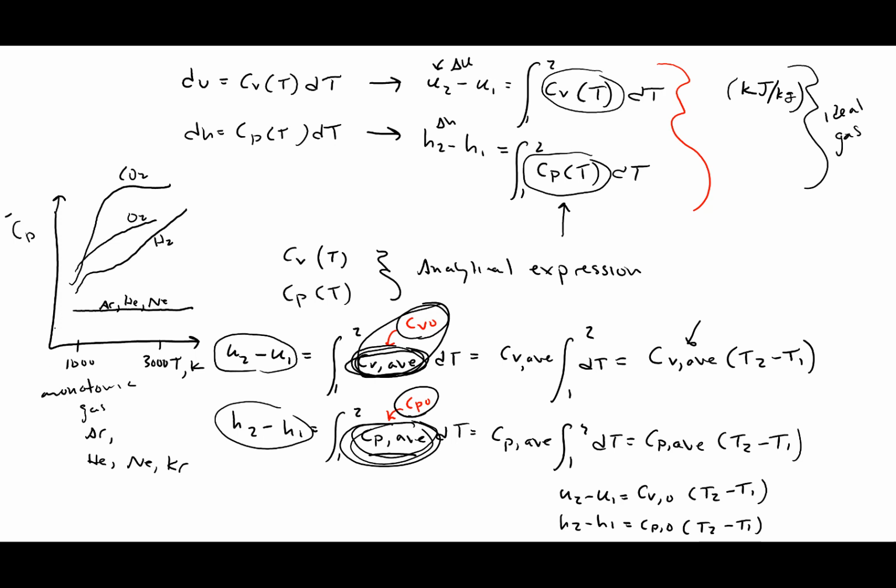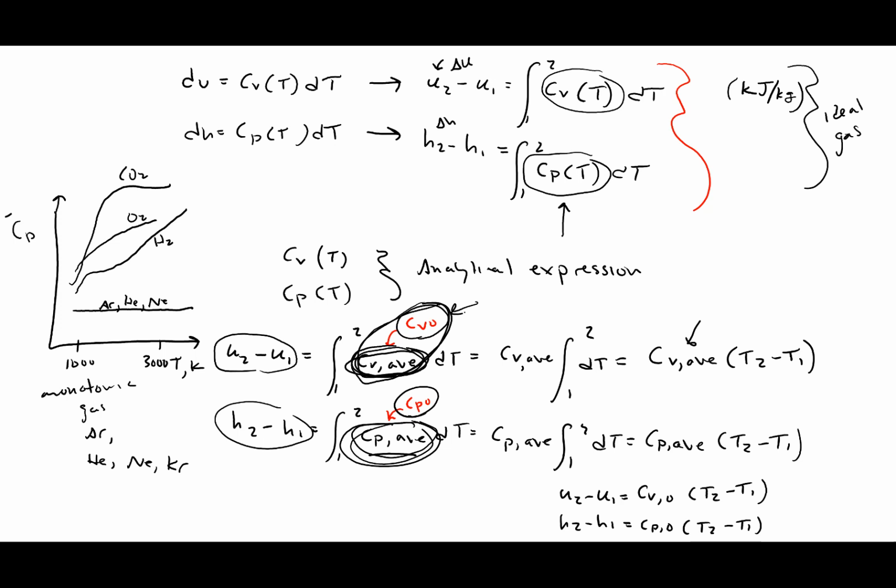So let's say your temperature is changing from 1,000 to 3,000 Kelvin, and let's say you have a gas that's not a monatomic gas, so you have hydrogen, oxygen, or carbon dioxide. These approximations probably aren't going to be extremely accurate because your specific heat varies quite a bit over that temperature range, but that's a temperature range of nearly 2,000 degrees.